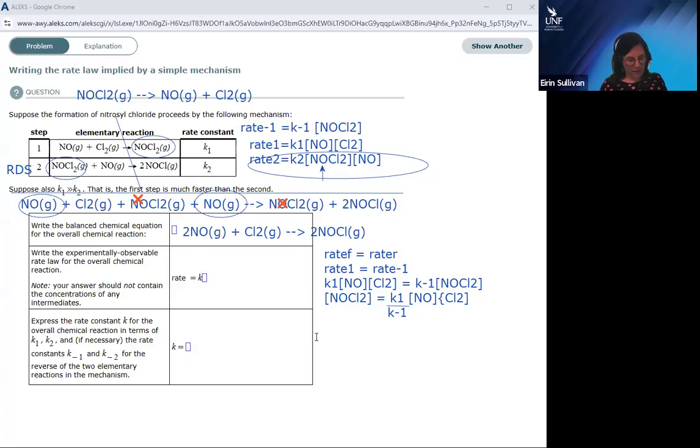The rate for elementary step 2, which should match our overall balanced equation, is going to be K2, and then we substitute in what we just found out for the concentration of NOCl2 in terms of all your other stuff, okay? So K1 over K minus 1 times the concentration of nitrogen monoxide times the concentration of Cl2. That is our substitution for the concentration of our intermediate, and then all that has to be multiplied by the concentration of NO.